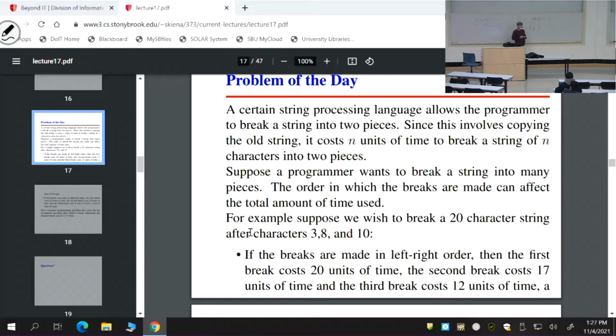Does anybody see any idea how you might do this? First, we agree it's a sequence. The order matters. We could try all n factorial orders, but that's probably bad karma. That's going to be expensive. Any idea how we can think about this?